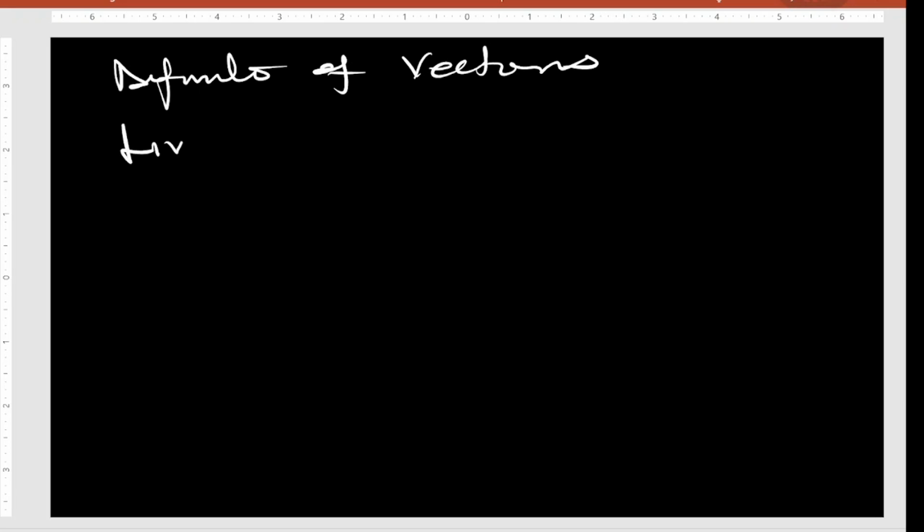This is the last session of Unit 1. Let's do some recaps of what we have learned in Unit 1. In Unit 1, we have learned the definition of vector function. We have looked at the limit of vector functions.